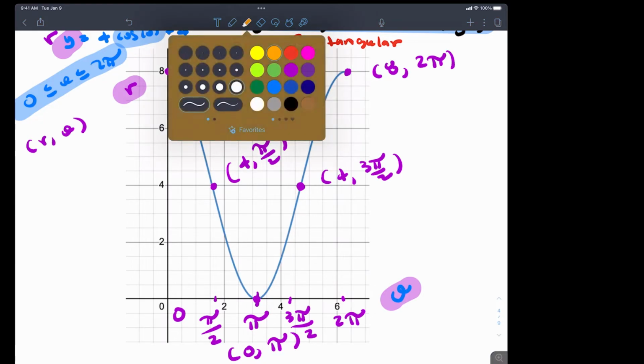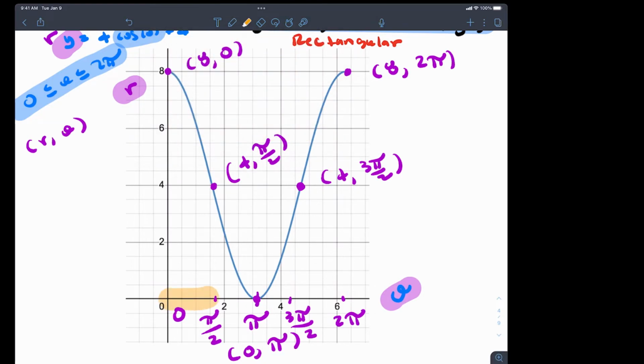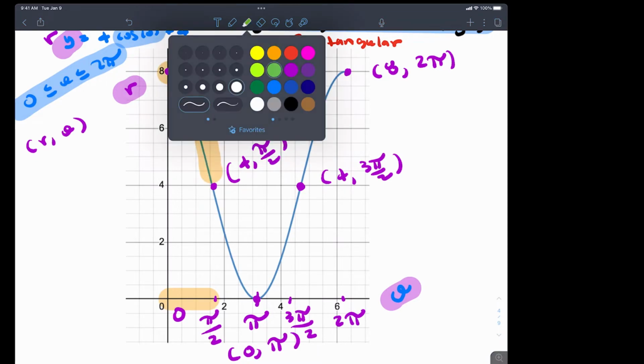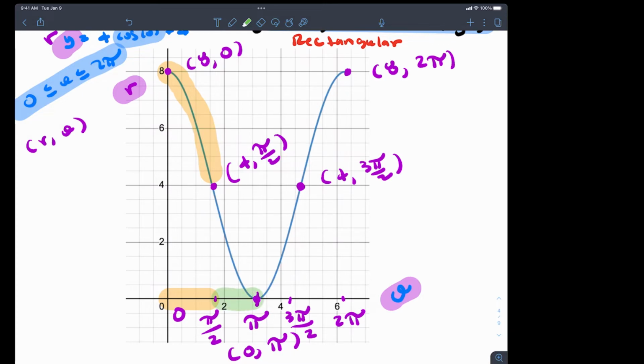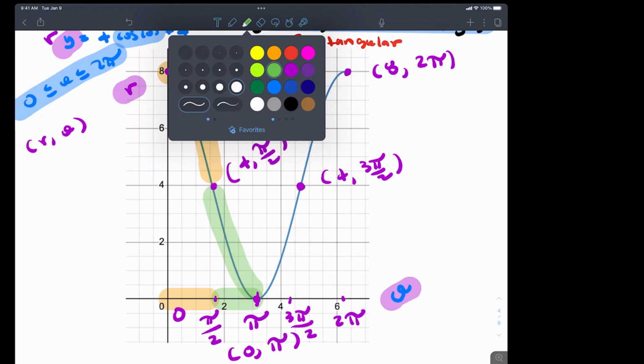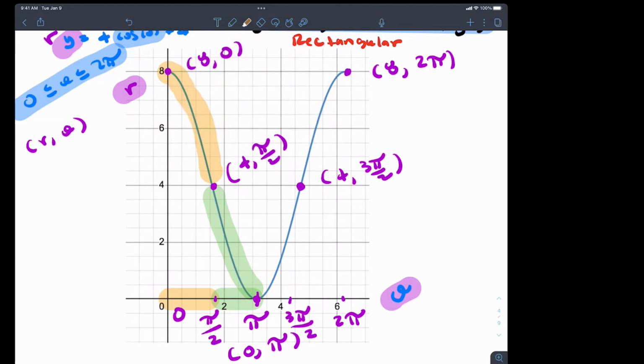So yesterday I used colors. I said, the curve from here is going to be in orange. This portion we did from pi over 2 to pi, we said was in green. And then, what other color did I use? I don't even remember. Maybe here to here.